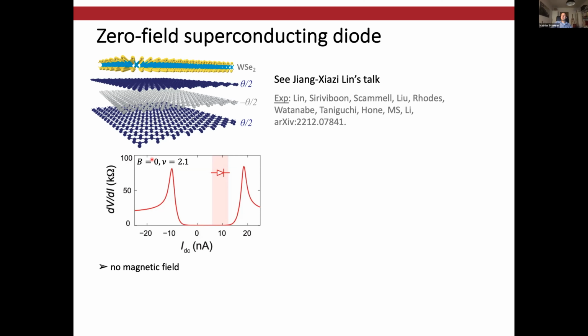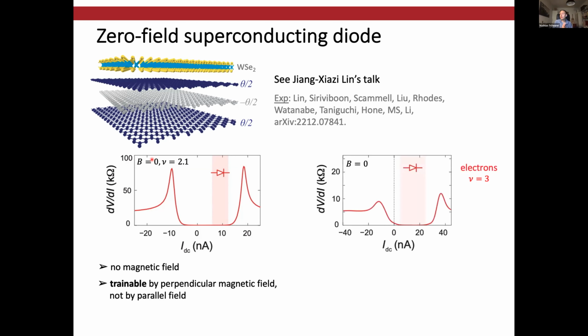Now, in our interpretation this is based on spontaneously broken time reversal symmetry, so it should be trainable by a magnetic field, and it actually is. It turns out that a perpendicular magnetic field can train it rather easily, whereas an in-plane magnetic field cannot. And this will be an important constraint on the theory later on. In these systems, you can tune the electronic filling just by applying gate voltage.